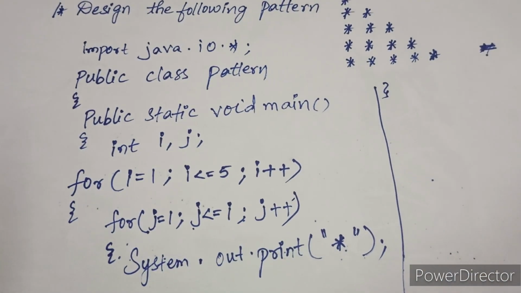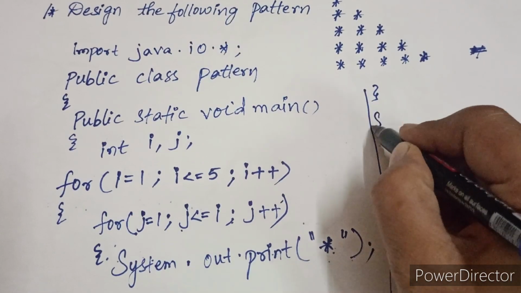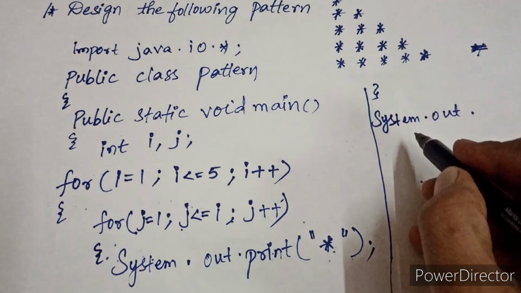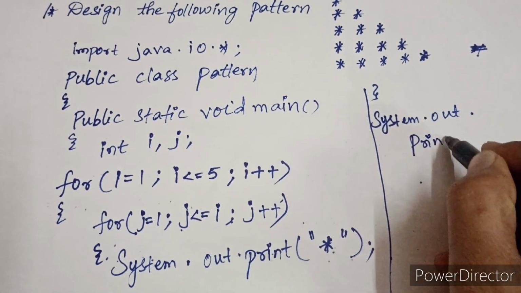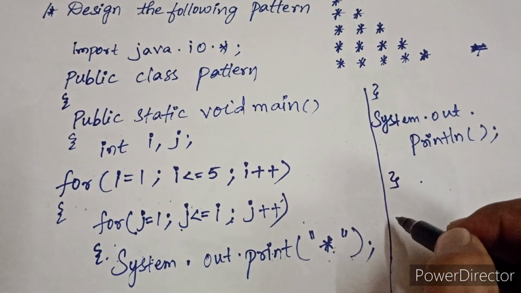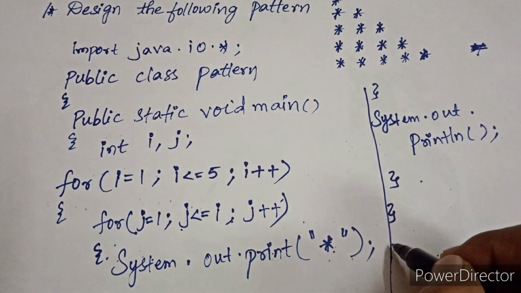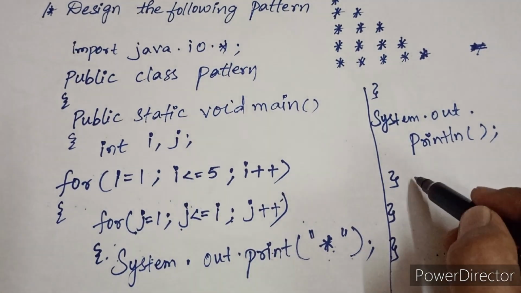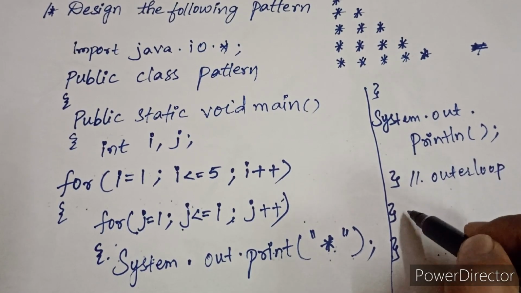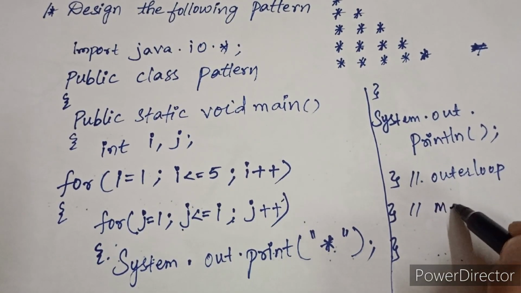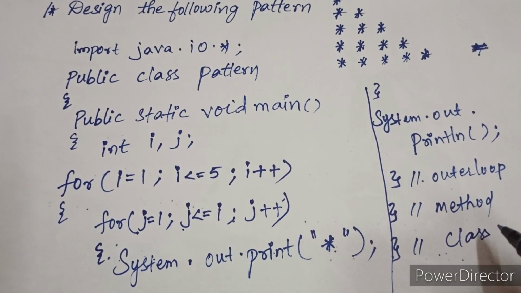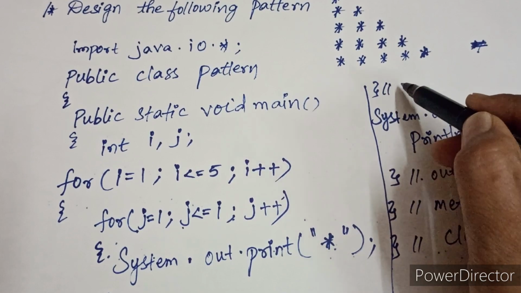Then I must write System.out.println of empty. Then close my outer loop, close my method, close my class. This is your outer loop. This is your method. This is your class.